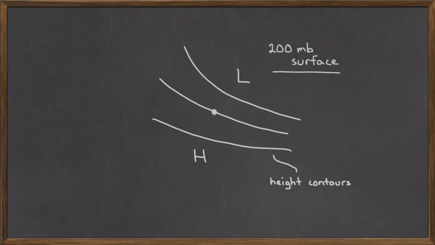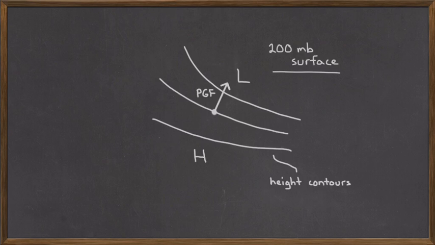Well, the steps are going to go just like on the last slide. If we know information about the heights, that tells us about the pressure gradient force, because the pressure gradient force points perpendicular from higher values to lower values. So the PGF is going to be something like that.